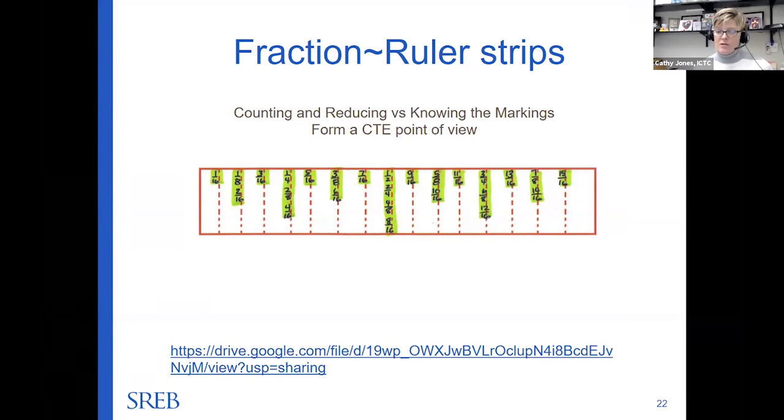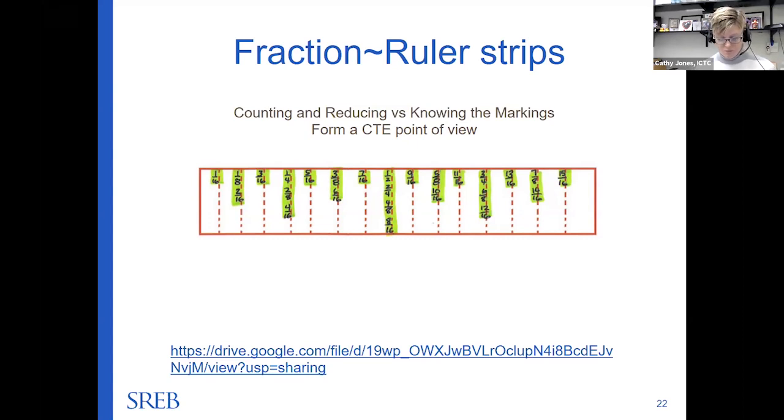And that was all great and fine and dandy if the line already exists, but if you're in a CTE viewpoint, we're creating the lines. So 5/8, if you're counting tick marks, you don't know where 5/8 is.